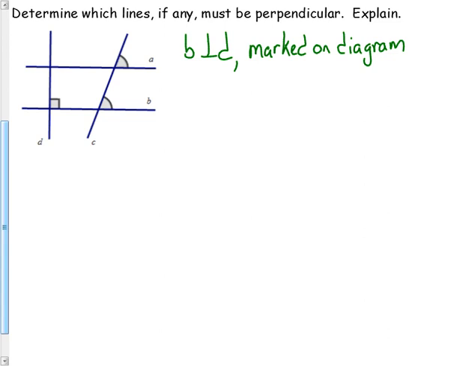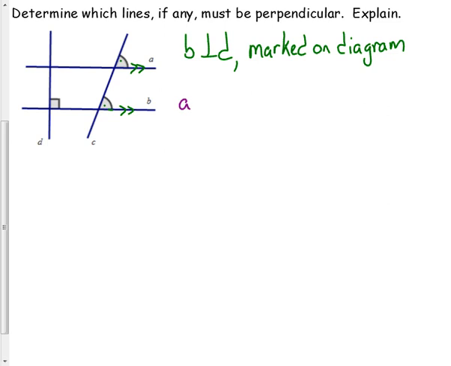All right. Any others? Well, we can see here that these are clearly marked to not be right angles here and here, so those are not perpendicular. But what they are is marked to be congruent. They're both a single arc. And these are corresponding, so A is parallel to B. And by the perpendicular transversal theorem, if it's perpendicular to one of the parallel lines, it's perpendicular to the other.